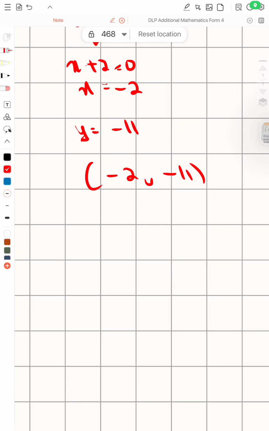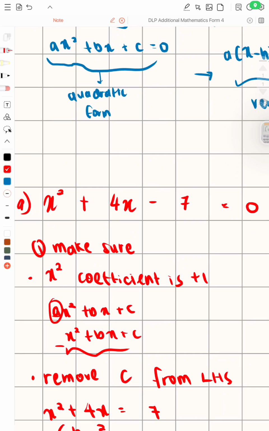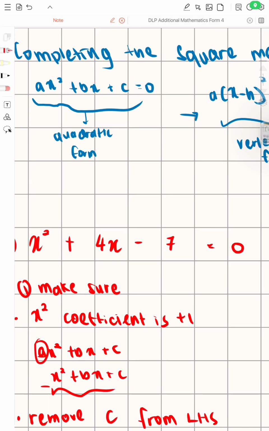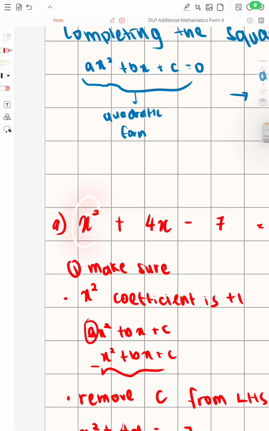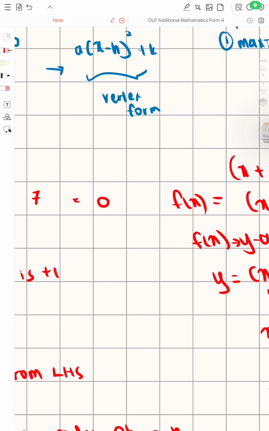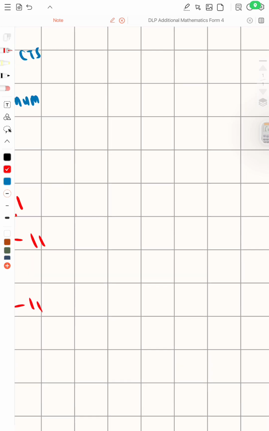So next is, how do you know whether this graph has a minimum or maximum point? It's actually by looking at the value of ax squared. If your value of ax squared is positive, you'll have a smiley face. But if your value of ax squared is negative, you'll have a sad face.